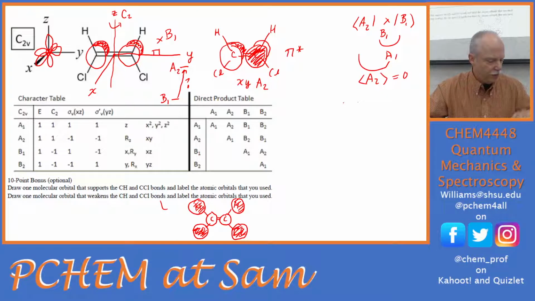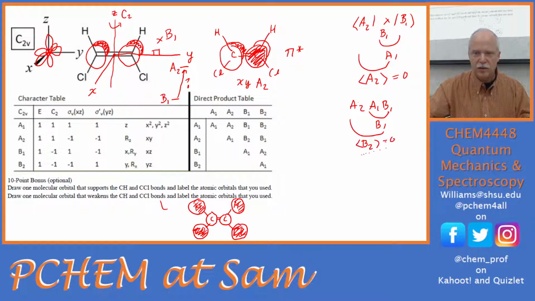Okay, then for z polarized light, we have an A2, an A1, and a B1. That's going to give B1, and this is going to give B1 times A2, B2, which doesn't contain A1, equals 0, and so that was z polarized light.